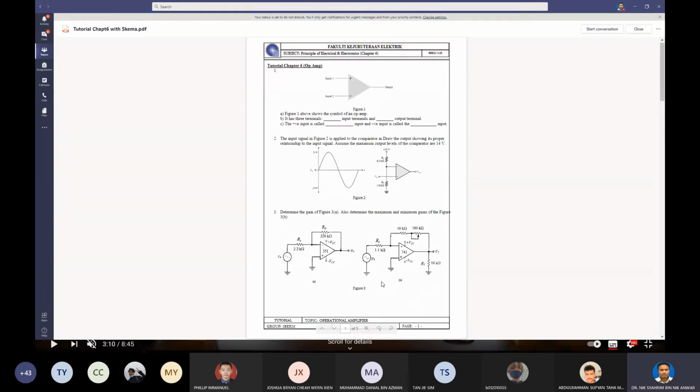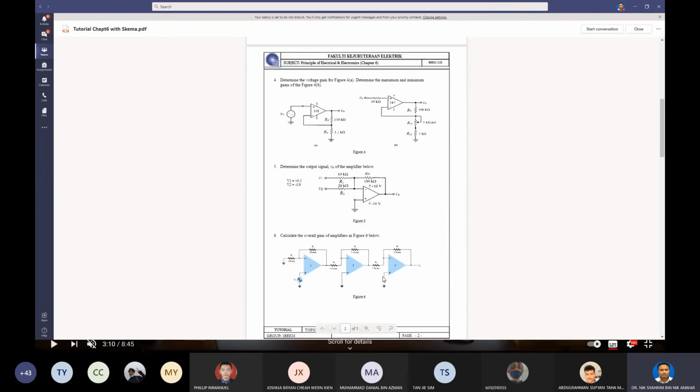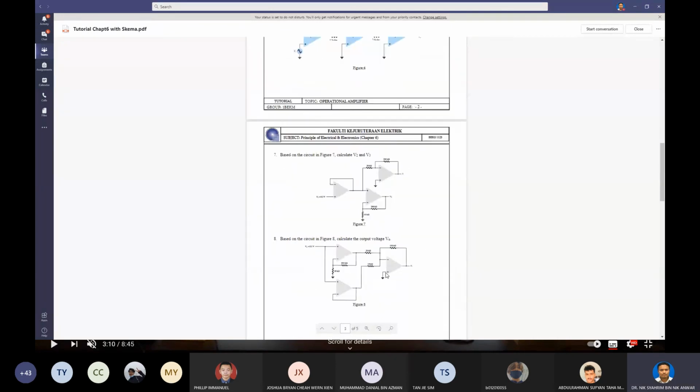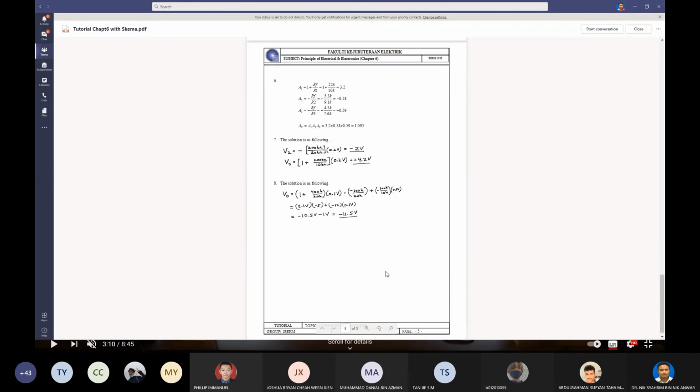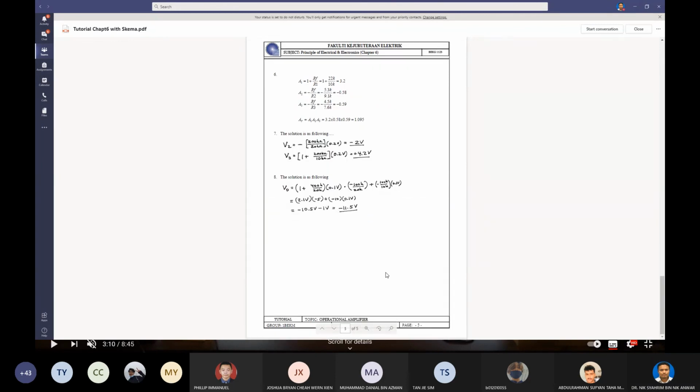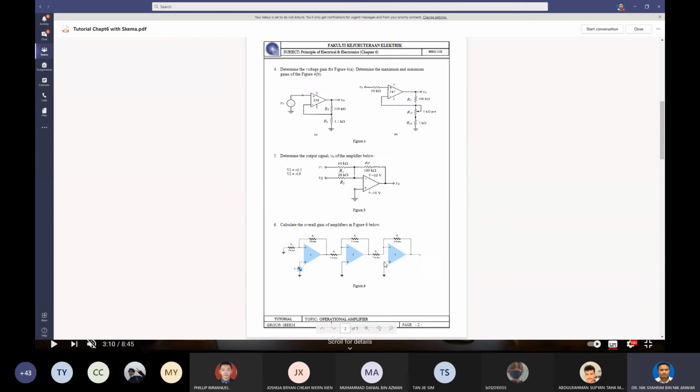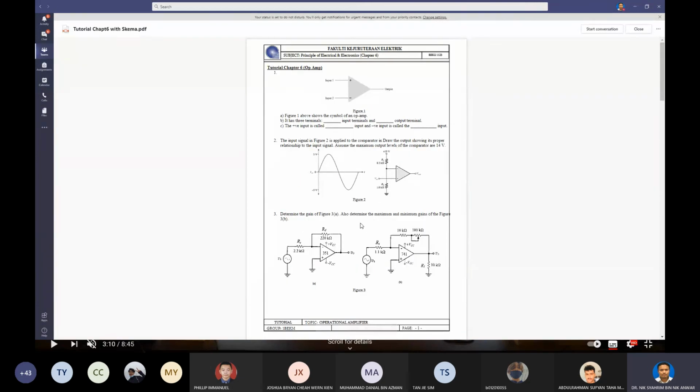It's already here, and this tutorial already comes with the solution. I would say op-amp is easier compared to BJT because it's already a very user-friendly setup, and because an op-amp is already a system, it is designed to be easily used.